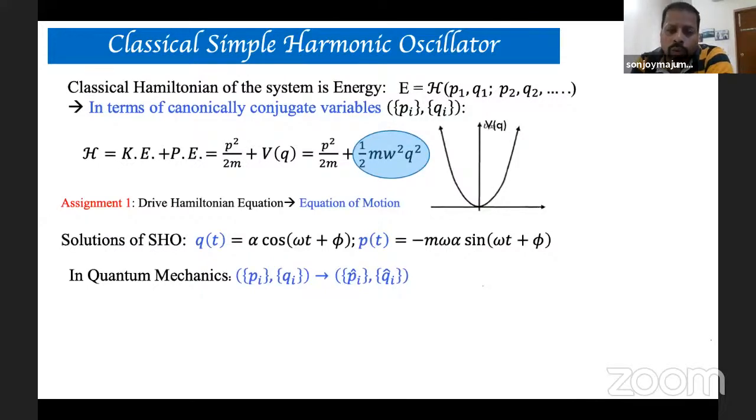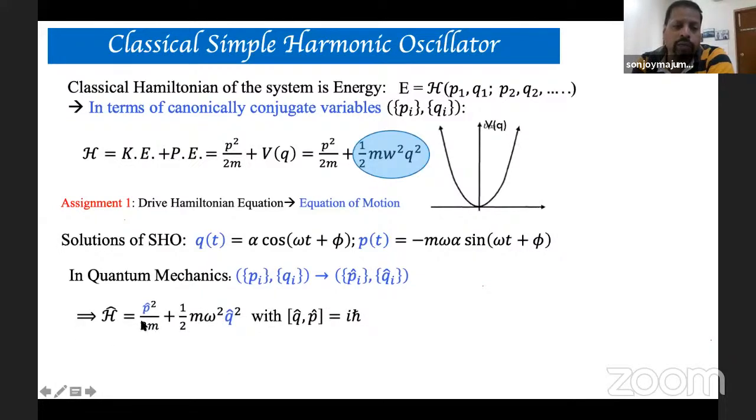Once you know this, you have to write your Hamiltonian. In terms of the operators, the Hamiltonian will also be an operator, which you can write in terms of these canonically conjugate operators P and Q. Here, interestingly, Q and P, being canonically conjugate, are non-commuting.